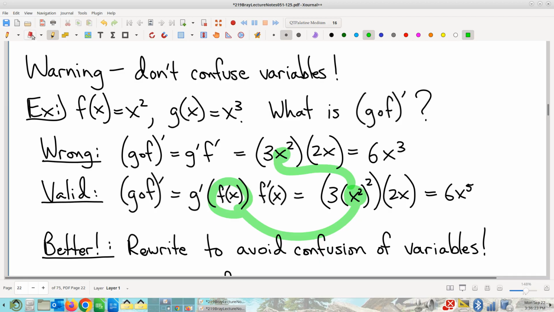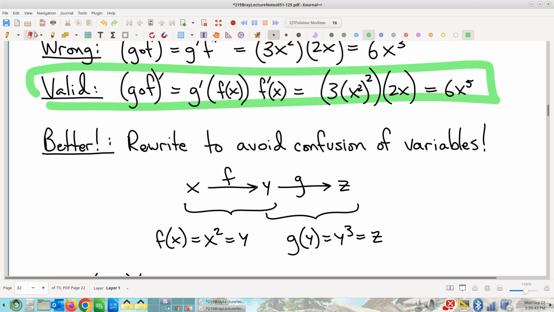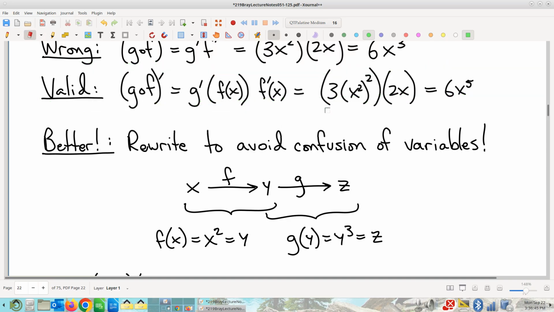Okay. All right. Now I propose, though, that both of these calculations are suboptimal. Even the one that's valid, I think, is pretty suboptimal. Let me explain what I don't like about it. I claim even this kind of commits a confusion of variables. And let me represent this with a diagram. We know we're composing, right? We've got this function f that's acting.